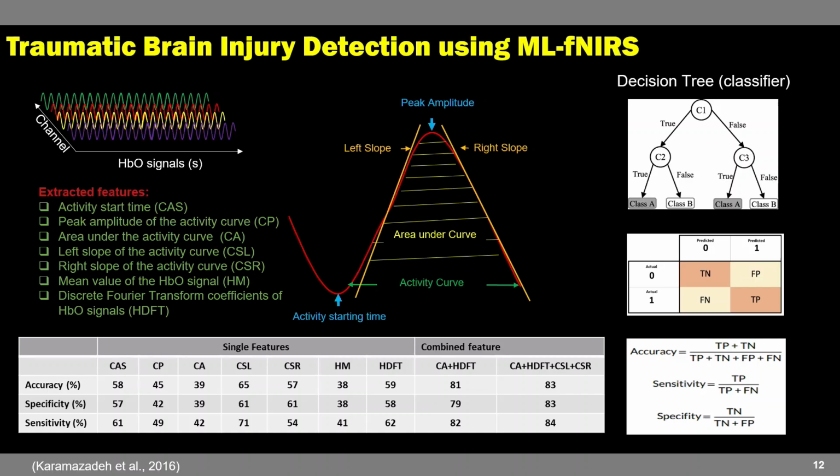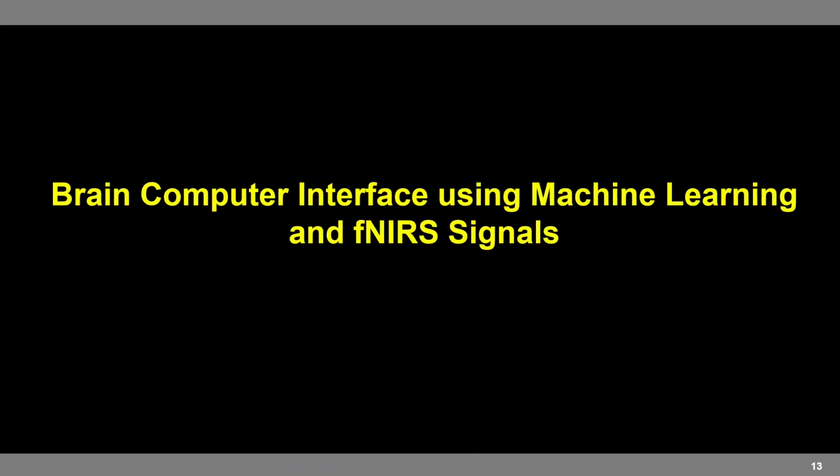That's the reason why, as we mentioned previously, nowadays the feature extraction step is omitted, and the data is put directly into the machine learning. Let the machine learning tell us which feature is good and which combination will be good. That is the motivation for omitting the feature extraction part.